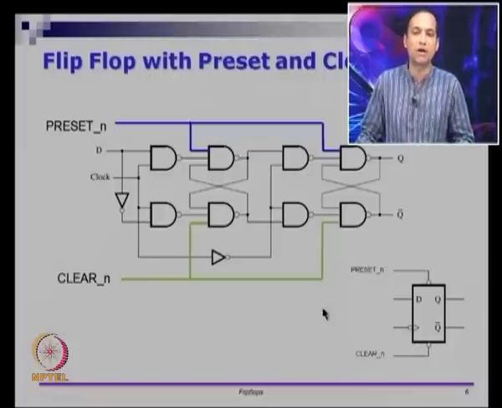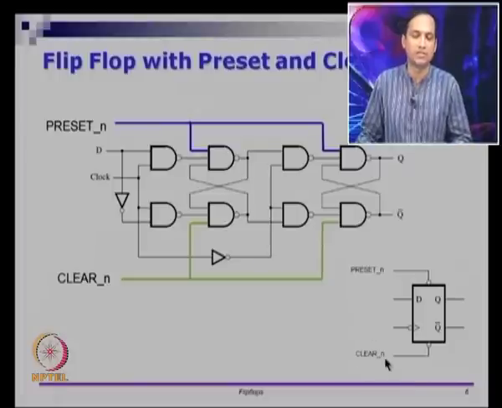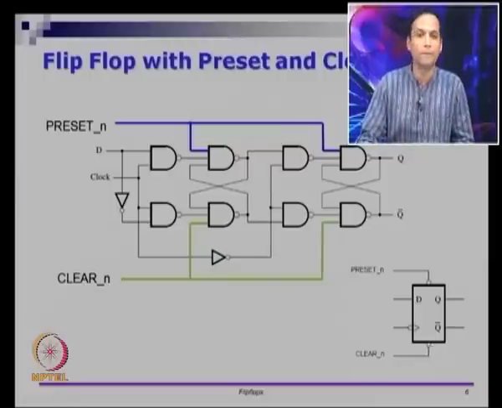So we will ensure in the circuits that drive preset and clear that you do not drive both of them simultaneously. Then you have the clock input here, which also seems to be a negative edge triggered flip flop. So this flip flop is a negative edge triggered D flip flop, which has asynchronous negative preset and asynchronous negative clear. This is the meaning of the logic block.